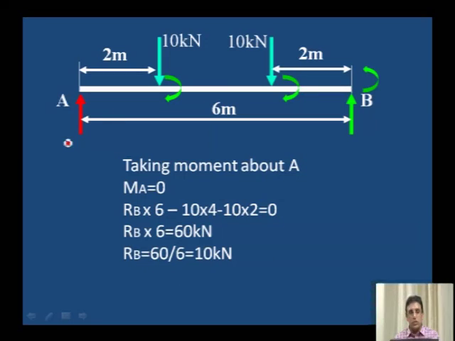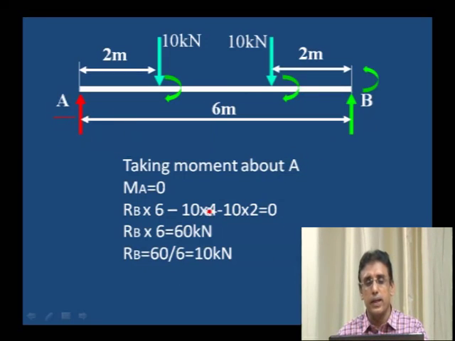To calculate RA, the second equilibrium condition, that is sigma vertical forces is equal to 0. Of the loads, 20 kilonewton is acting downward, and RA and RB are the upward forces.